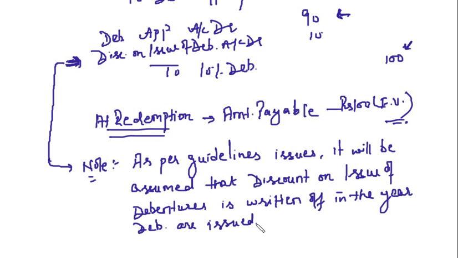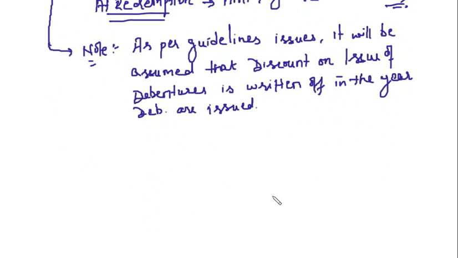Right? So these are the specific board guidelines. You have to assume that discount on issue of debentures has been written off in the year the debentures are issued. So at the time of redemption, you will pay 100 rupees and nothing is to be done for the discount on issue of debentures. Write down this note also.